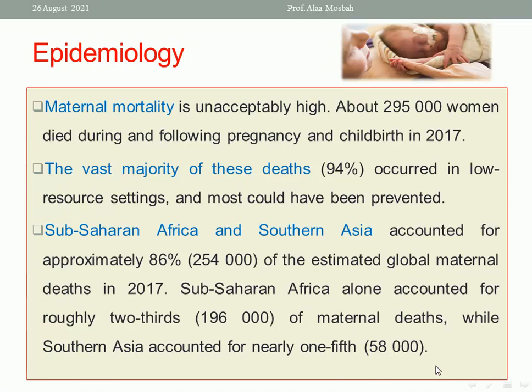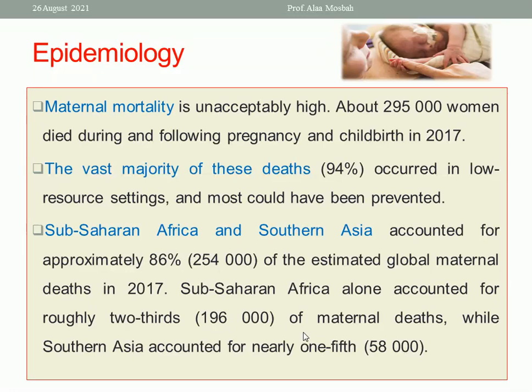Which areas are the commonest as regards maternal deaths? Sub-Saharan Africa and Southern Asia. Both of them constitute 86% of the estimated global maternal deaths in 2017.